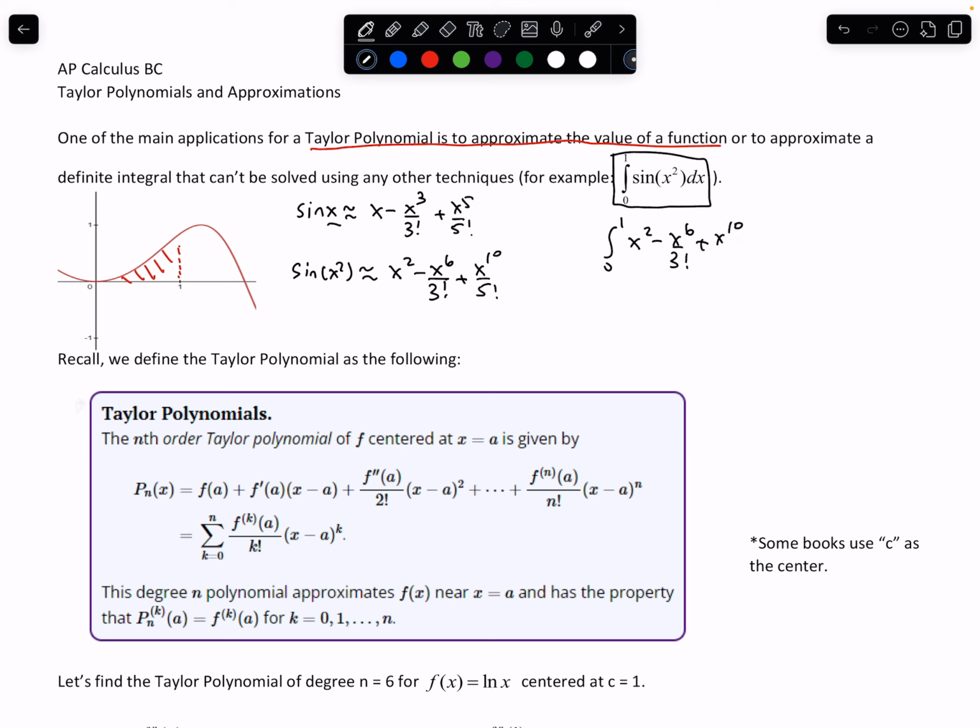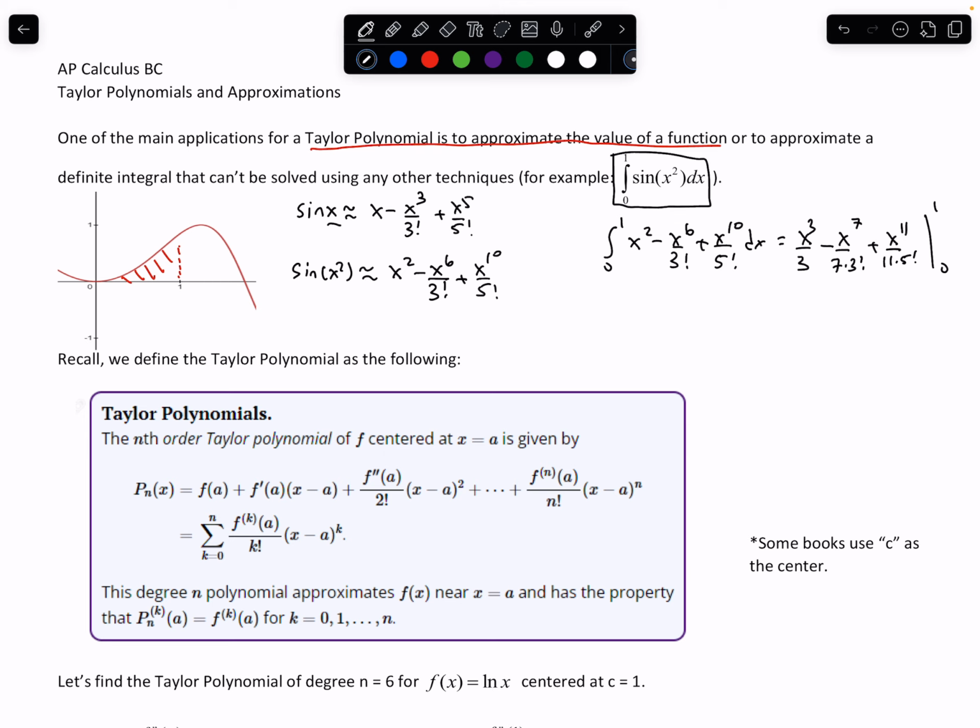Now, it's not going to give me the exact value, but it's going to be very accurate and pretty close to the actual value. So integrating this, we would get x cubed over 3 minus x to the seventh over 7 times 3 factorial plus x to the 11th over 11 times 5 factorial. And we can evaluate that from 0 to 1.